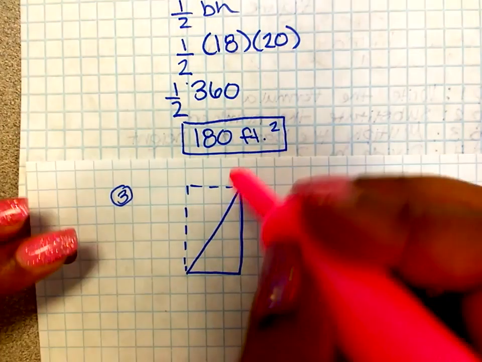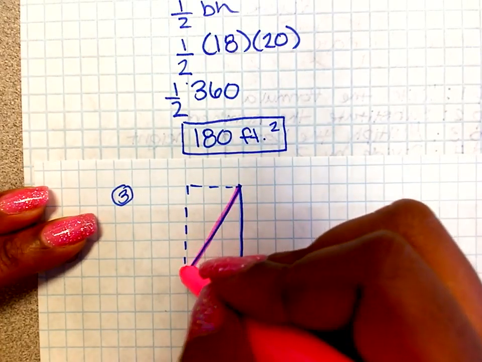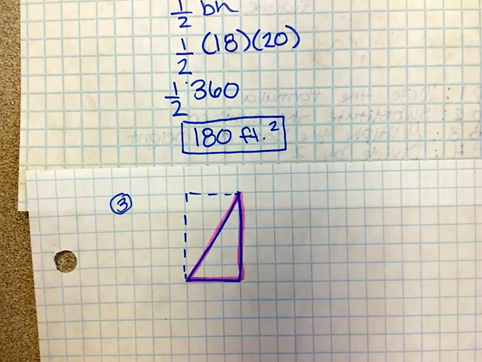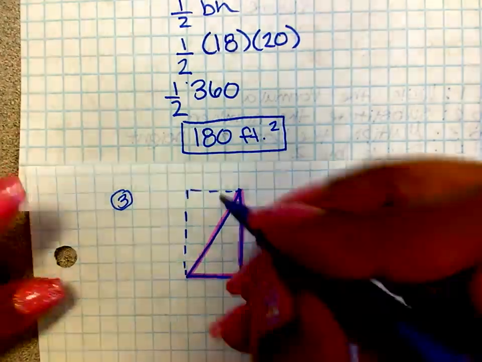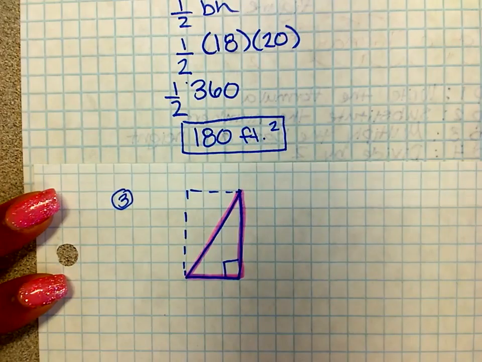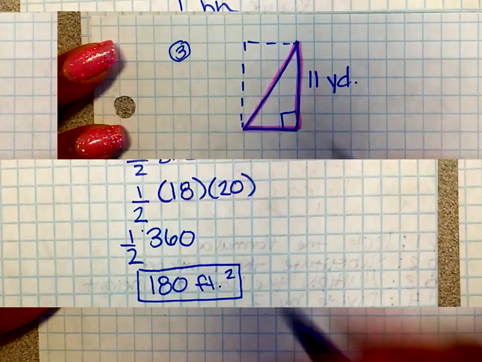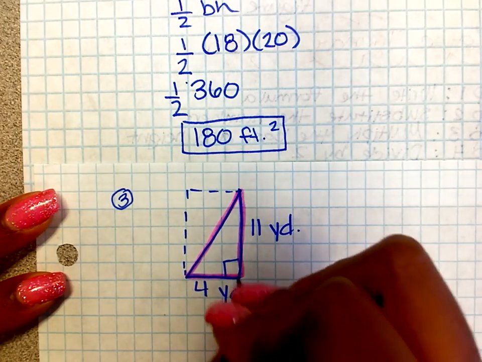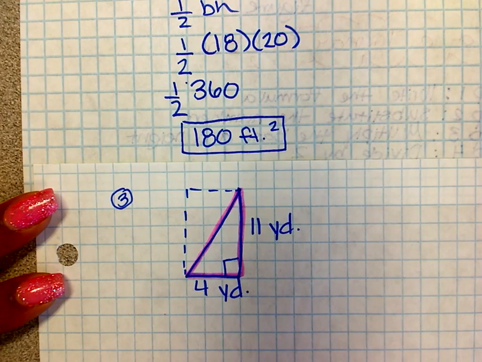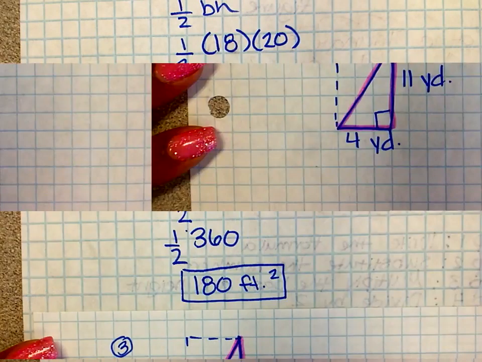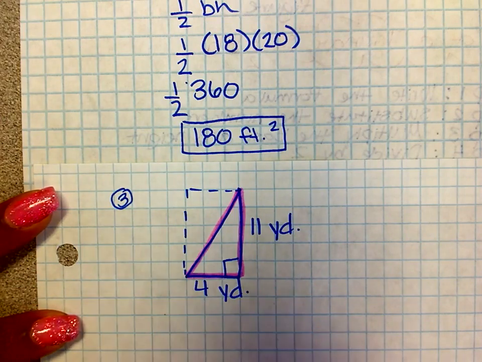So therefore my triangle is the solid lines. This triangle's a right angle. My height is 11 yards and my base is 4 yards. All you're doing is base times height divided by 2.